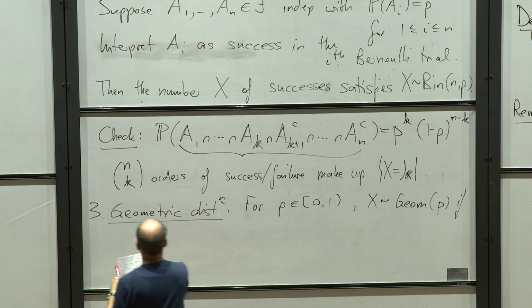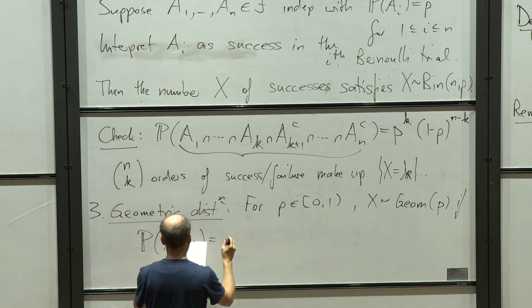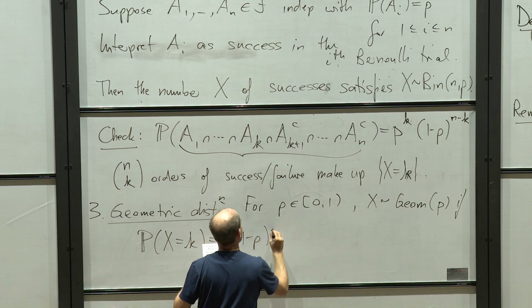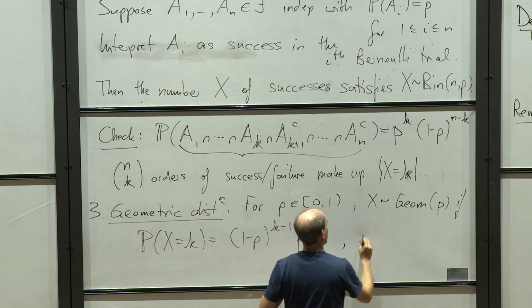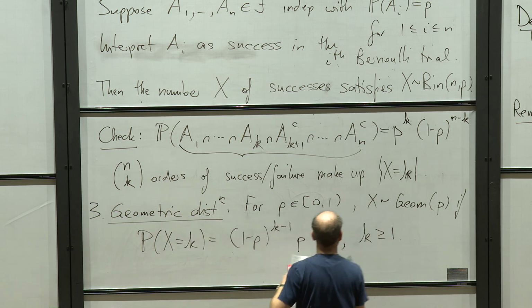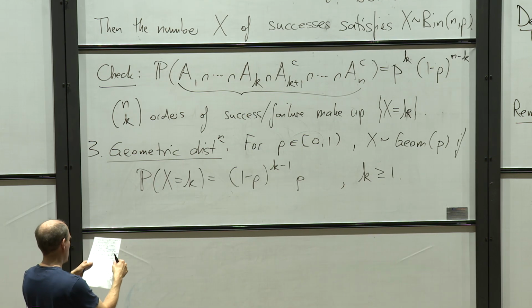In that case, we say the probability that x is equal to little k is (1 minus p) to the k minus 1 times p, for k greater than or equal to 1, natural numbers.